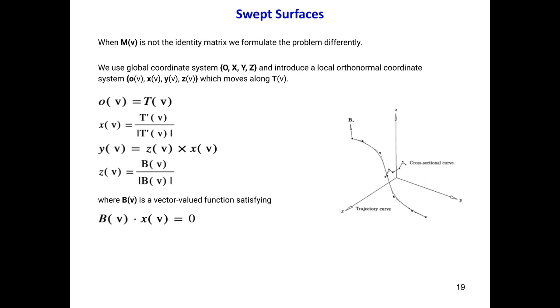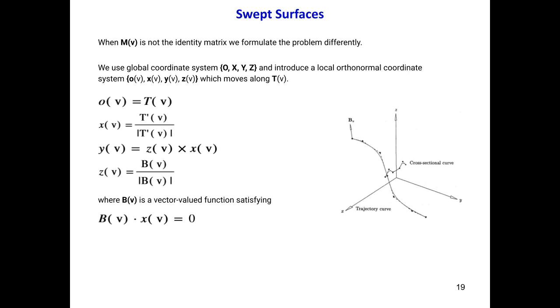So we use a global coordinate system and introduce a local orthonormal coordinate system with OX, Y, Z vectors, which moves along a trajectory curve now. Local orthonormal coordinate system, our XYZ coordinate system, is orthogonal. Normal referring to these normalizations that are occurring in our X, Y, and Z coordinates.